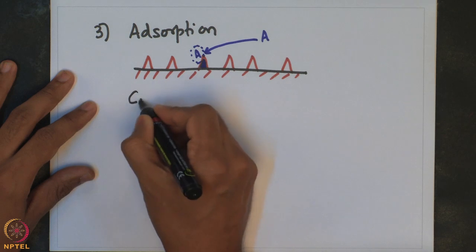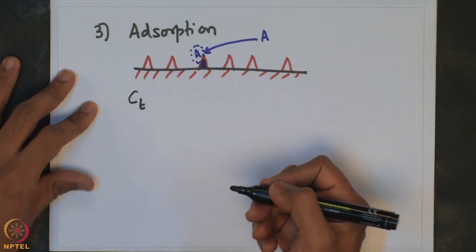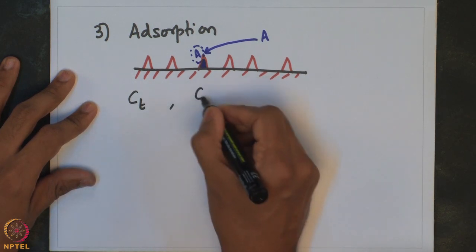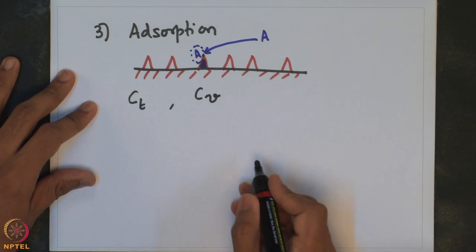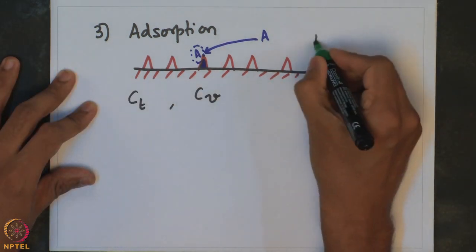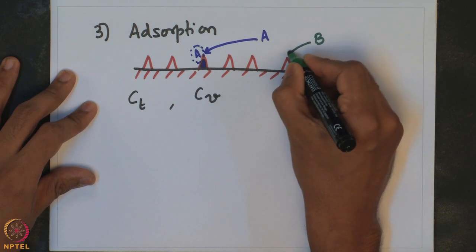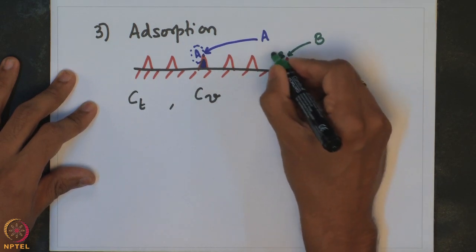We define Ct, which is the total molar concentration of the active sites. We also define Cv, which is the concentration of the vacant sites. Suppose there are 2 gas species present; species B, which may also be participating in the reaction, may come and occupy another site.